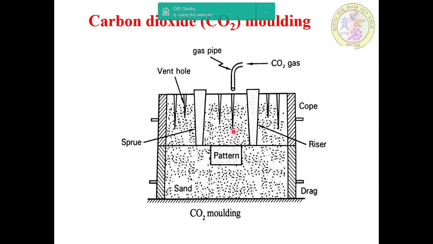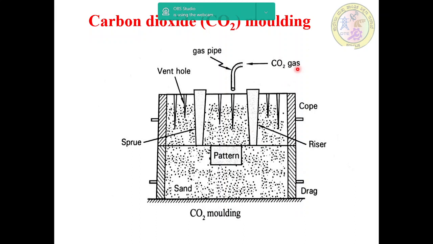This is the process. First you have to place the drag pattern and then prepare the mold as usual. Afterwards the runner and then riser, and then you have to place some vent holes. After preparing the entire mold, since the gel acts as a strong binder between silica and sand grains, and this process takes place without the application of heat, in this manner you can prepare the mold.